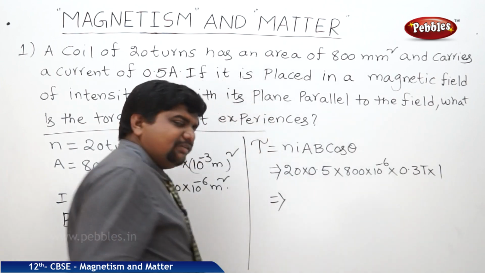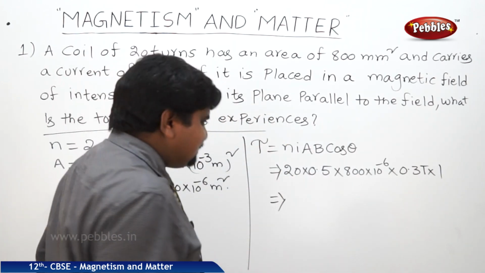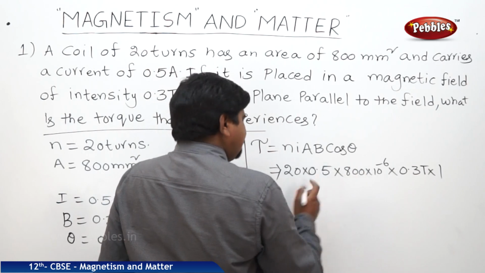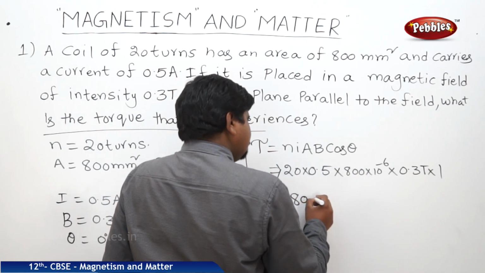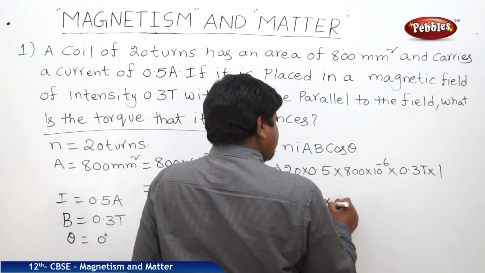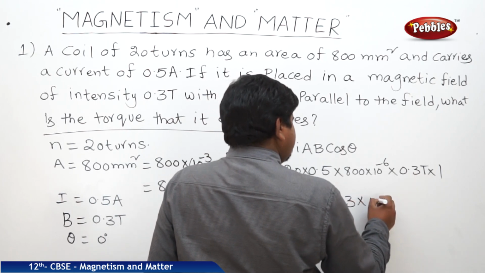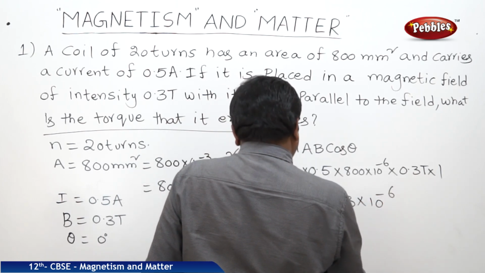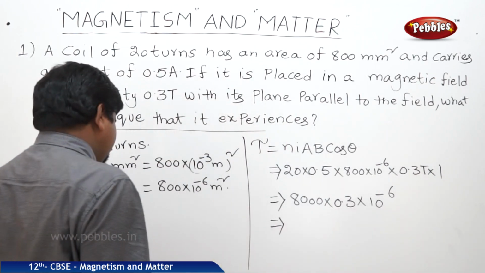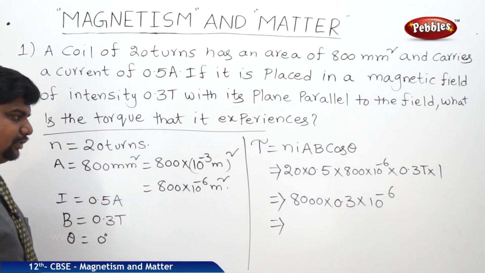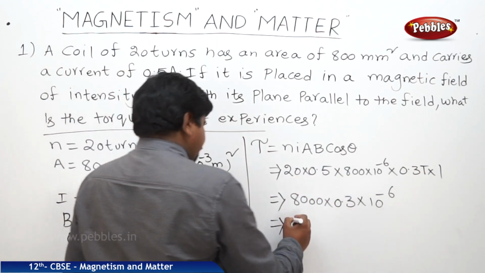So 2 into 0.5 is 1, 20 into 0.5 is 10, 10 into 800, 8000, into 0.3 into 10 to the power of minus 6. So we will get 2.4 into 10 to the power of minus 3 Nm.